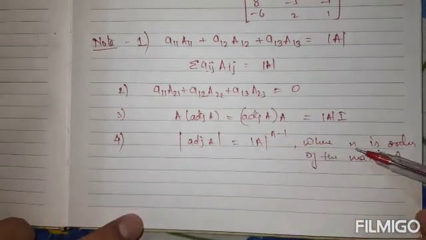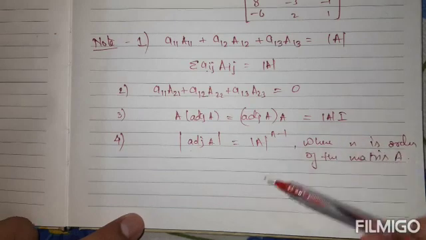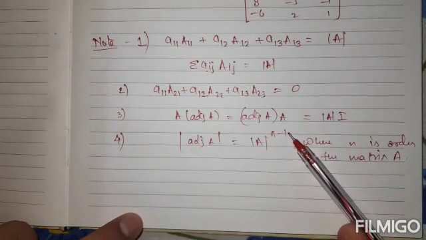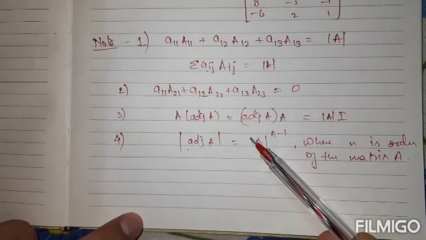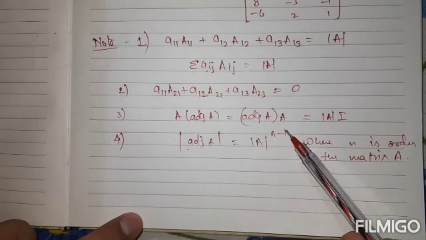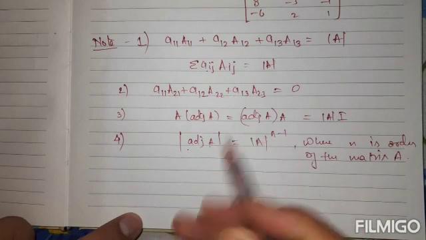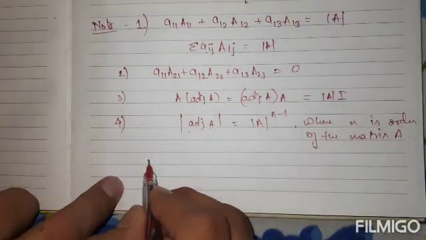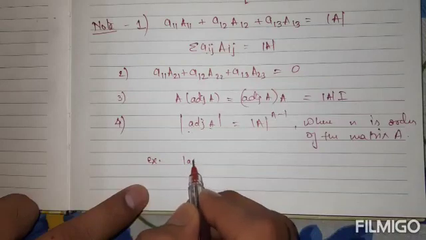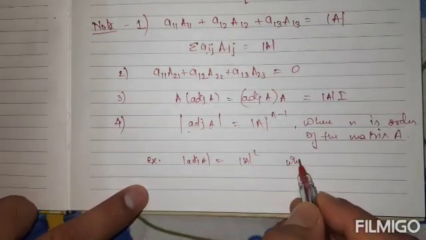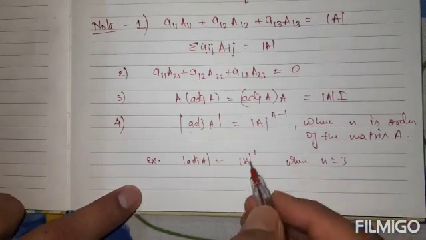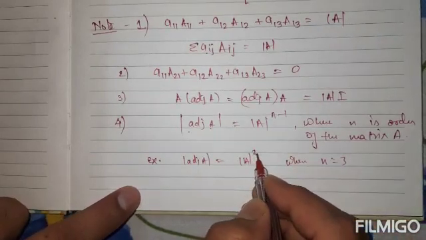And if n is equal to 3, means A is a third order matrix, then the determinant of adjoint of A will be equal to mod of A raised to 3 minus 1, that is 2, means mod of A square.